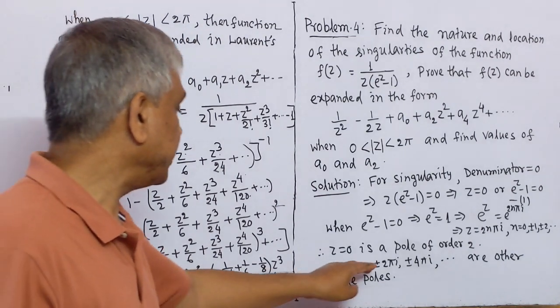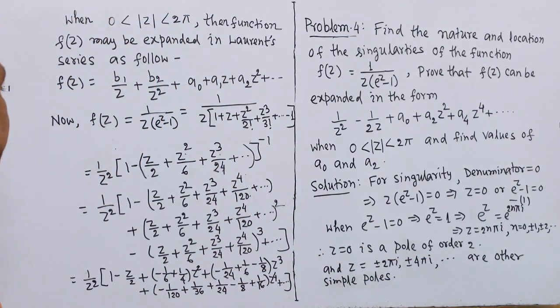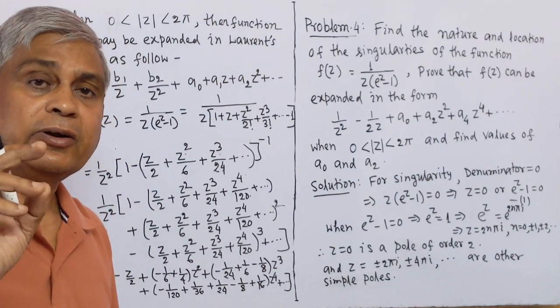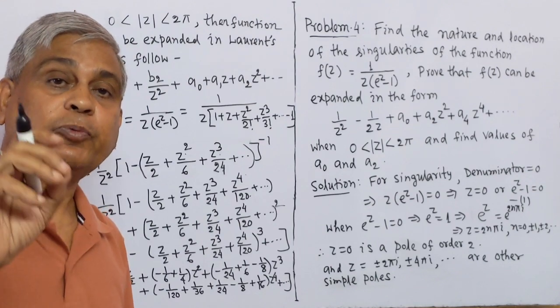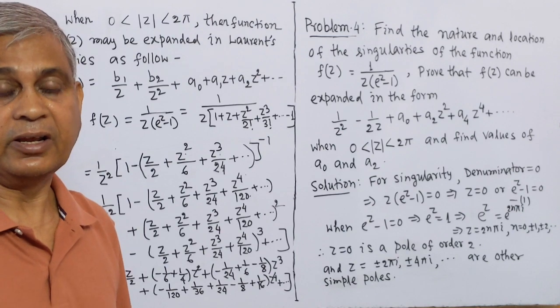So we will not consider other simple poles here. And in this case, the number of terms in the principal part will be 2. z equal to 0 is a pole of order 2 only. Here, this is the singularity.